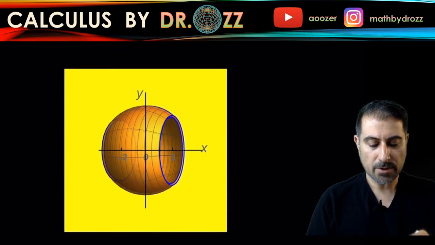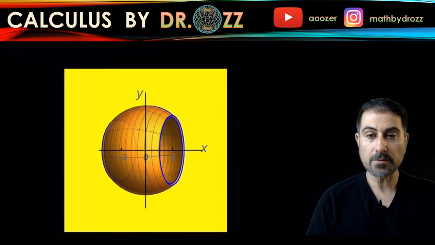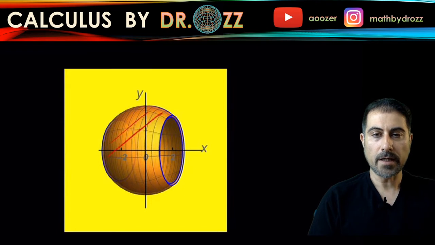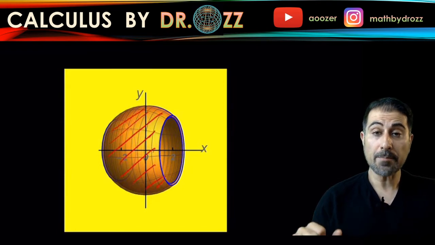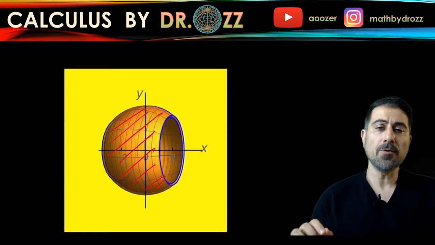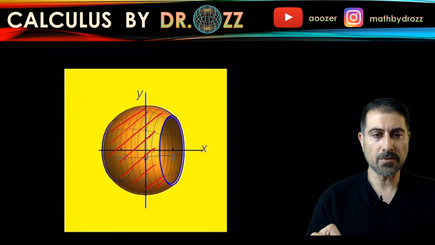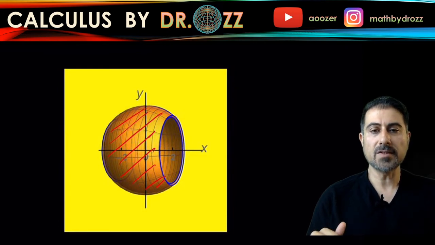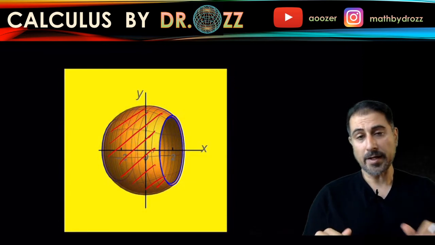So essentially we're going to find the surface area of this object by using the integration formula. And for that reason, why don't we go back to the definition of the surface area and see what kind of formula is going to provide us this surface area.